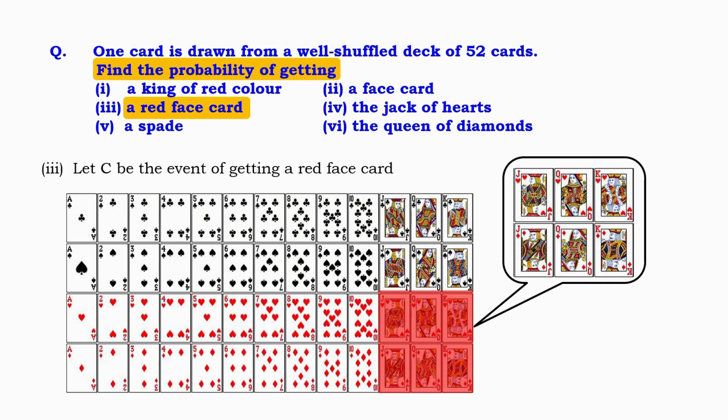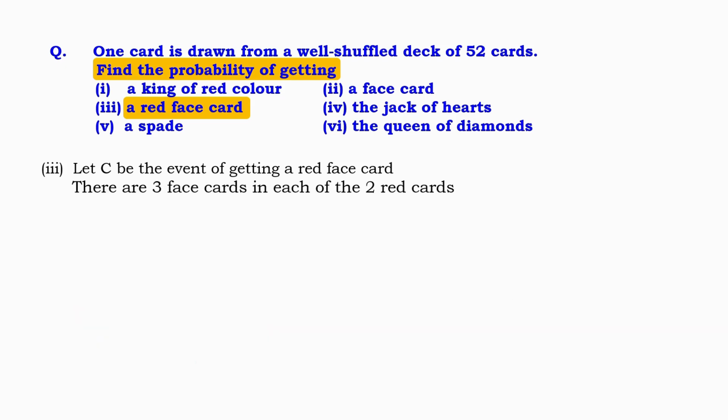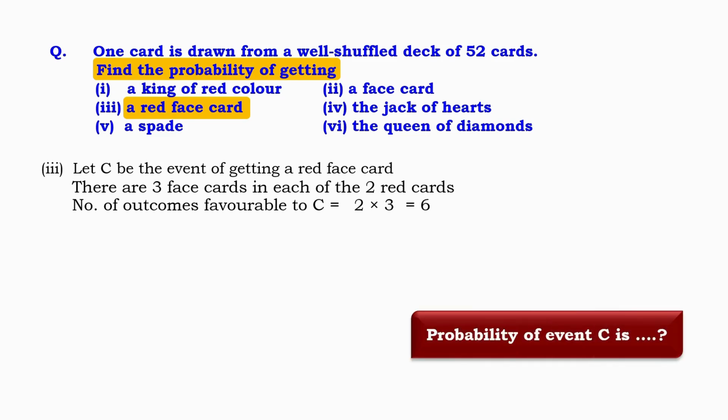In each type there are three face cards and there are two red types. So the total number of red face cards will be equal to 6. So the number of outcomes favorable to C is equal to 2 into 3, that is 6. So the probability of event C is equal to 6 by 52, that is equal to 3 by 26.